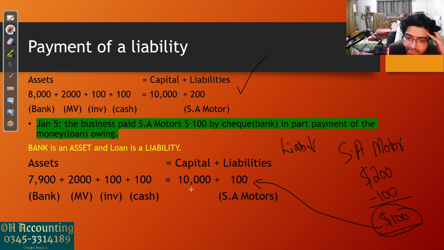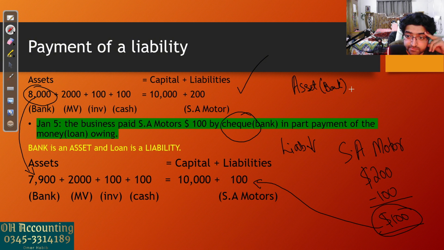There was no impact on capital. And how did we pay? We paid by check. Check means you're paying through your bank account. So you had 8,000 in your bank account. When you're paying $100 back, it means that your bank account will be left over with $7,900. So what happened in this transaction is that one asset, which is bank, decreased because you paid $100 from your bank account, and a liability also decreased because you're paying back a loan.